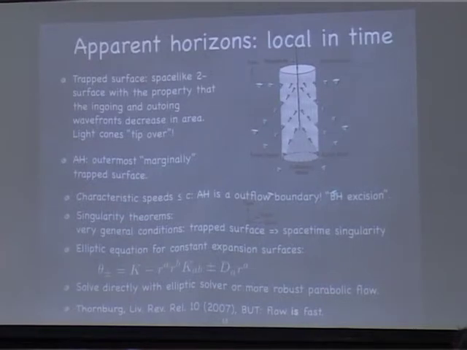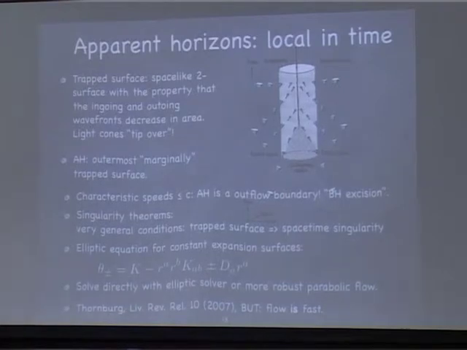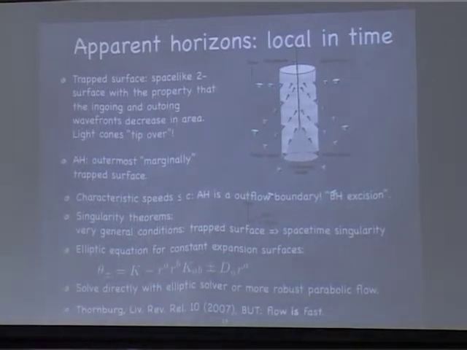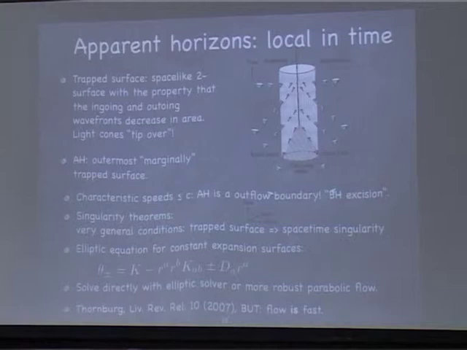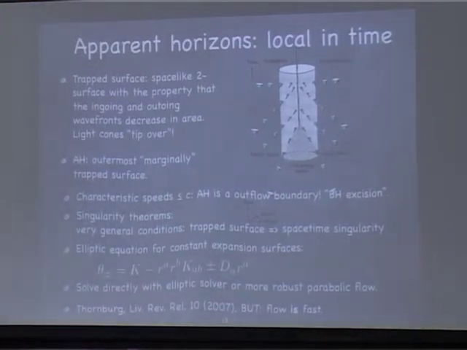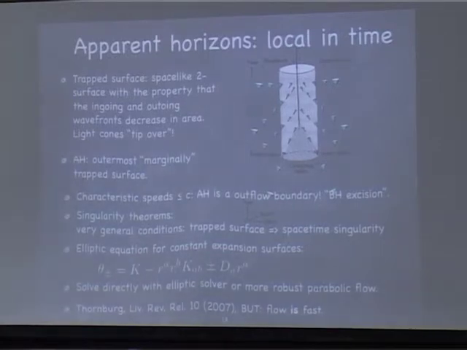Remember these characteristic speeds which we defined. Now at an apparent horizon, the light cone tips inward. So it means all the information flows inside. We could write this in terms of our characteristic variables, and the technical term that is used very often is to say that the apparent horizon is an outflow boundary. All the information flows out of the computational domain.